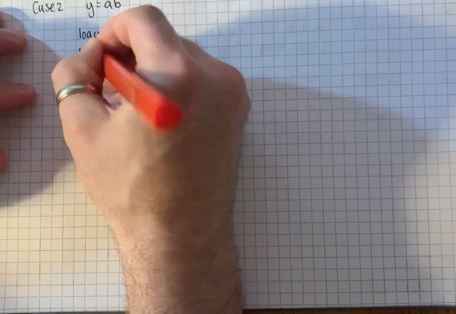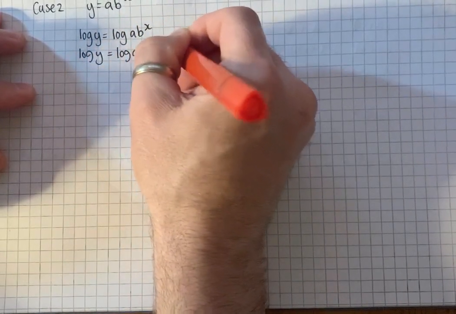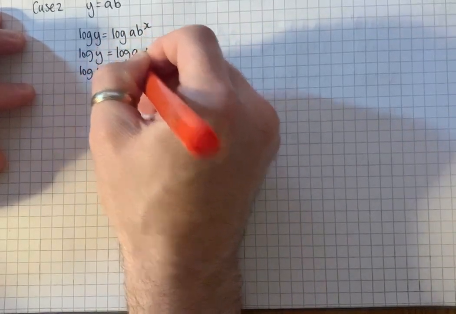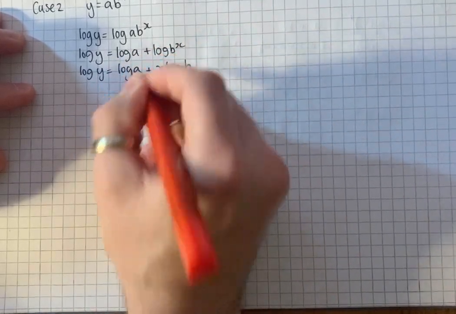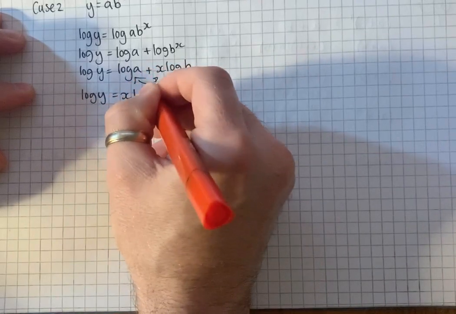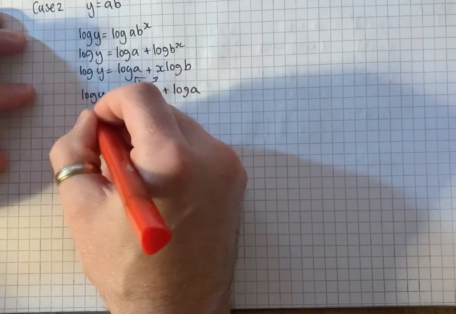Split using the multiplication rule. Bring the power in front using the power rule. Flip these, swap these over. And then compare to y equals mx plus c.